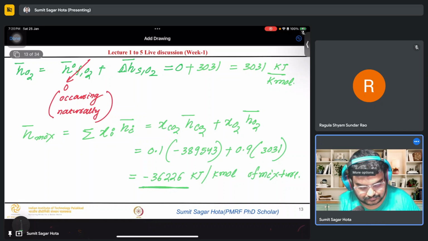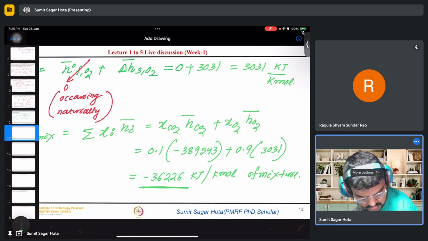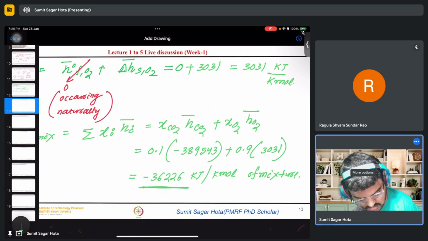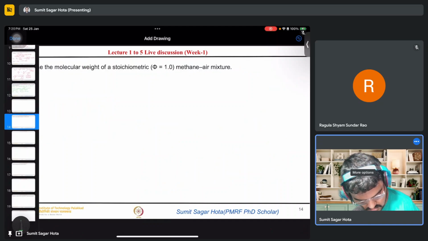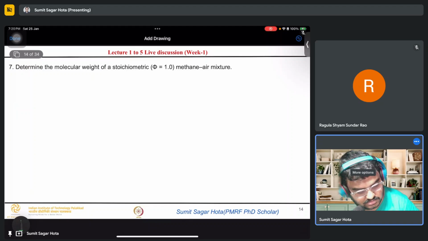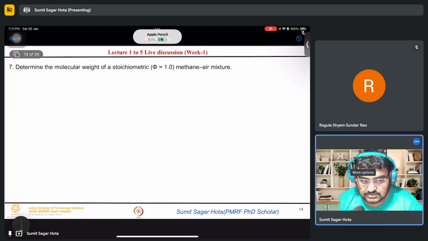Okay. Here the negative sign means we have to actually supply the energy to form that mixture. Okay. So go to the next question.